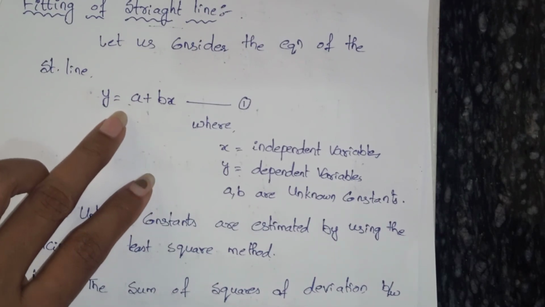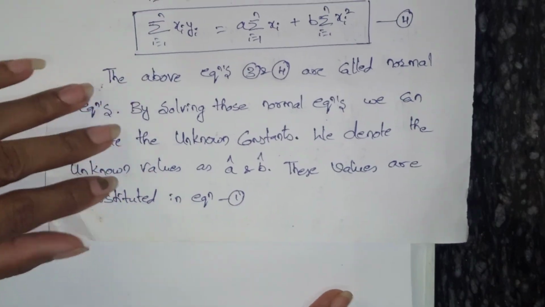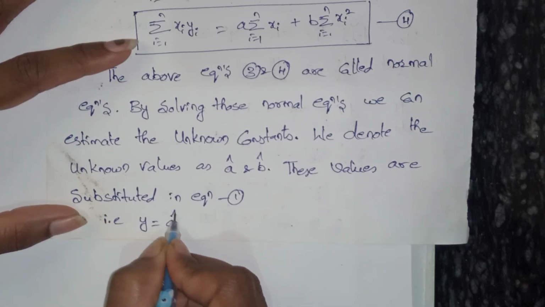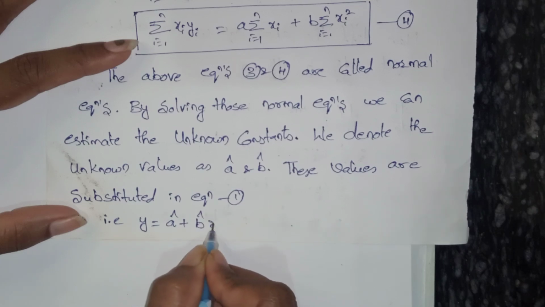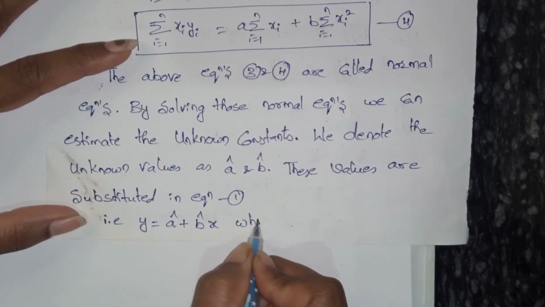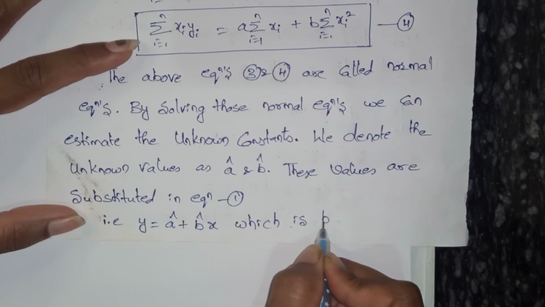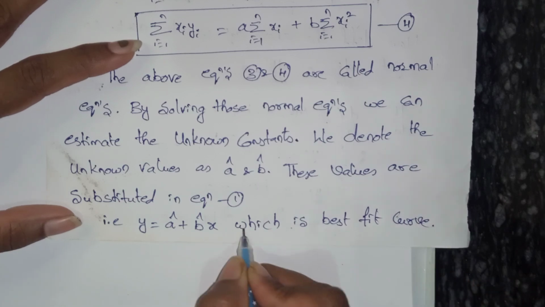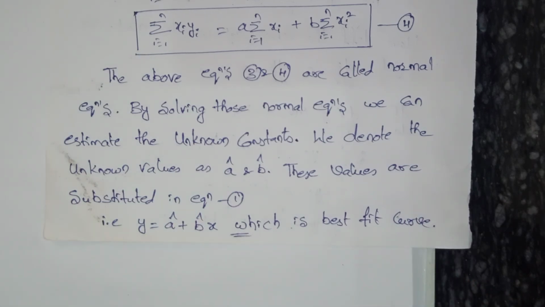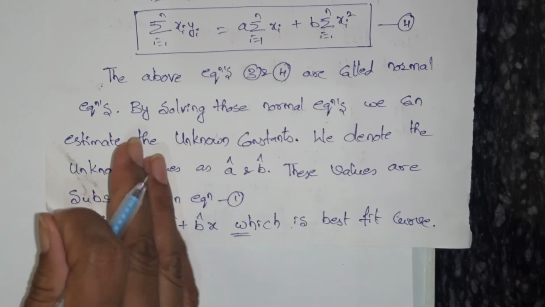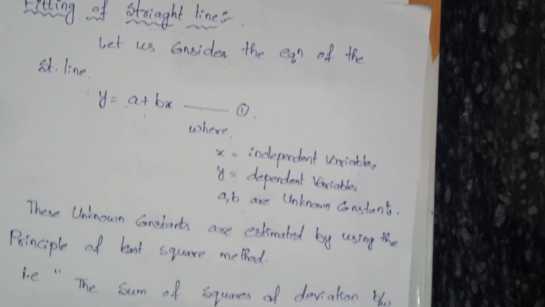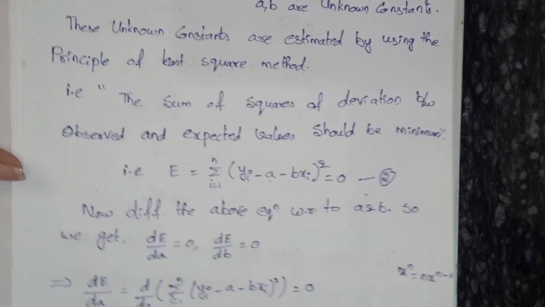That is y equals a plus bx. So equation 1 becomes y equals a cap plus b cap x, which is the best fit here. Like this we have to fit the equation for a straight line. Fitting of a straight line means you have to do it like this. So this is the process of how to find it.